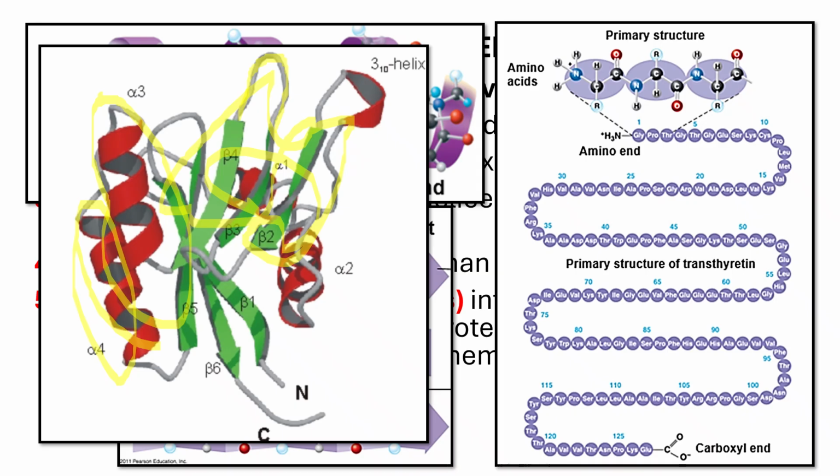They have no consistent shape. They're just holding the helices and the sheets together like pieces of string or something like that, but they are flexible. A ribbon diagram like this is an example of the tertiary structure of a protein or an enzyme.